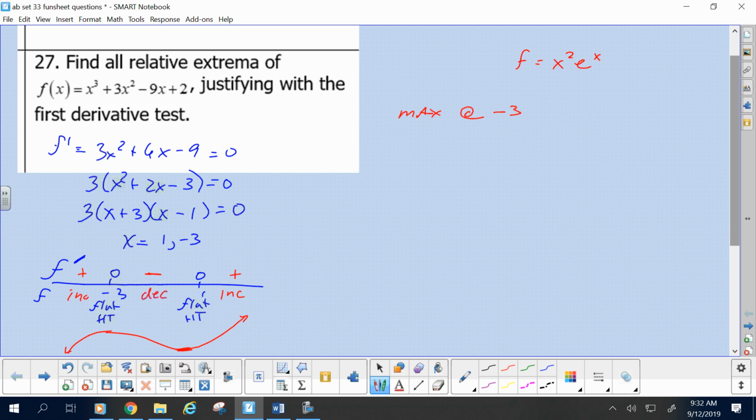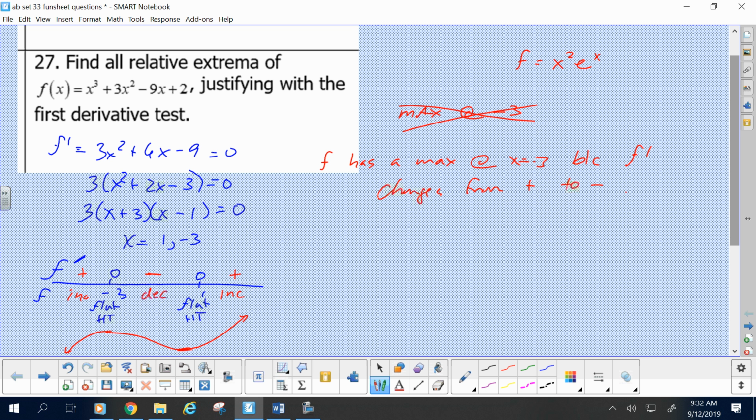None. That is not the conclusion. The conclusion is a sentence. Say the sentence for me, please. f has a max at x equals negative 3 because f prime changes from positive to negative. You could say goes or changes, either one. Perfect.